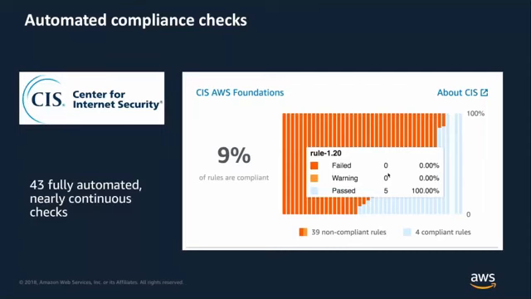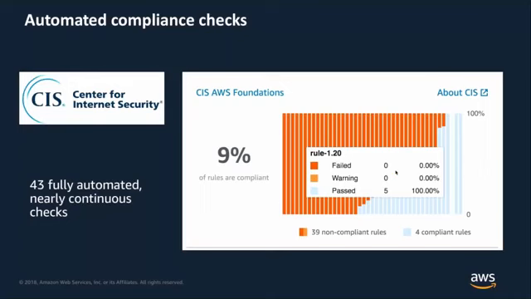There actually are 49 rules in the benchmark. 6 of them, though, are not automatable. So we focused initially on the 43 that could be automated. And what we do is we take those 43 checks and then we roll them up into dashboard widgets like the one you see here.